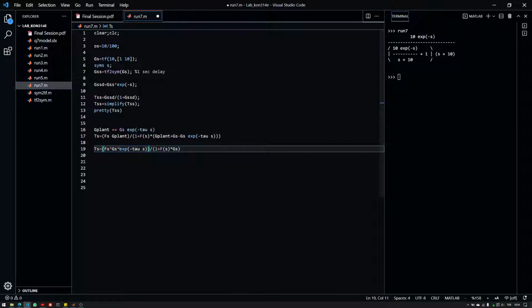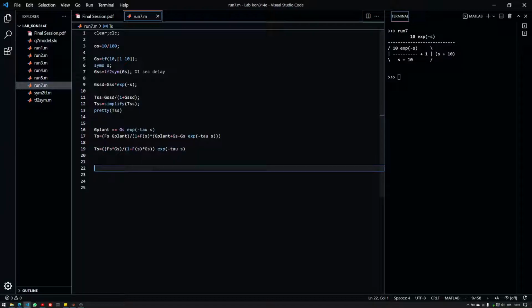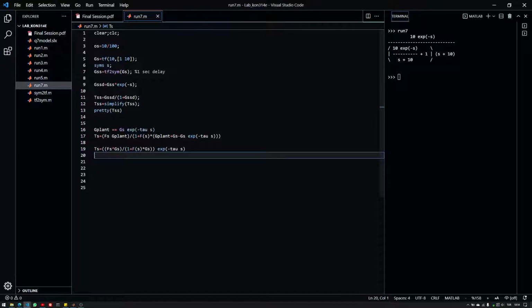So I can factor this out and write it like this, which would then result in line 19, where I can see that I have my usual closed loop transfer function here. This part is the actual transfer function that we've used so far, and then this is just the delay part. So I cannot get rid of the delay, which makes sense because the system has delay.